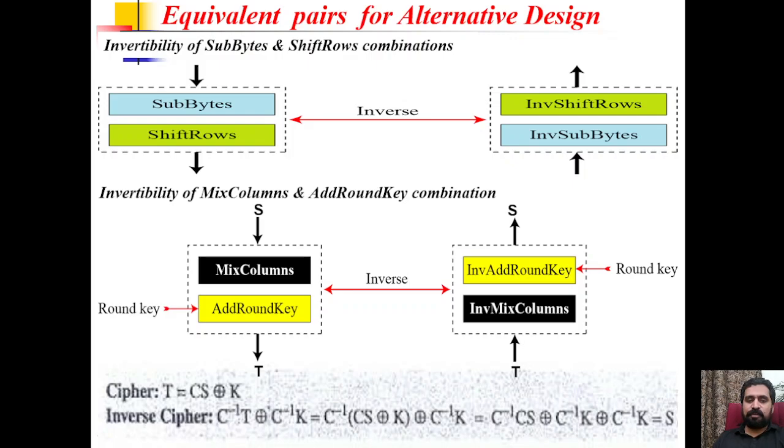Shift row changes the order of the bytes in the state without changing the content of the bytes. This implies that we can change the order of these two transformations in the inverse order without affecting the invertibility of the whole algorithm. Similarly, in this slide we see the pair of mix column and add round key. The two transformations are of different nature. However, the pair becomes the inverse of each other if we multiply the key matrix by the inverse of the constant matrix used in the mix column transformation.